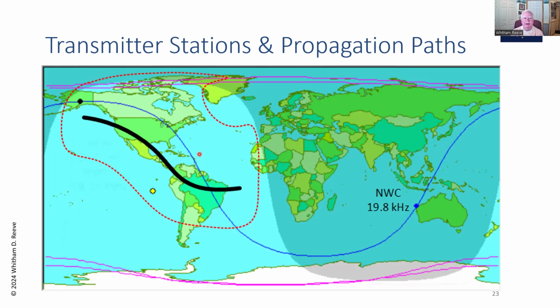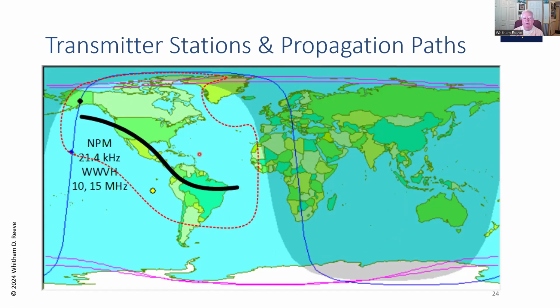And I did one of these for Hawaii, and you can see that the short path is relatively short. It's about 4,400 kilometers. And the eclipse started right up here, almost directly in line with that short path. And then the long path, of course, goes the long way around.